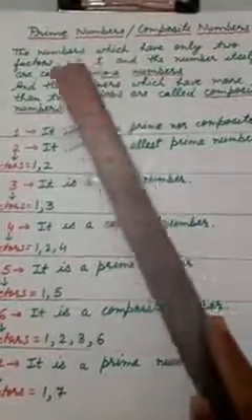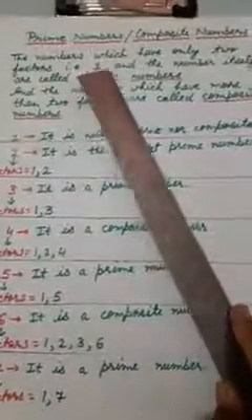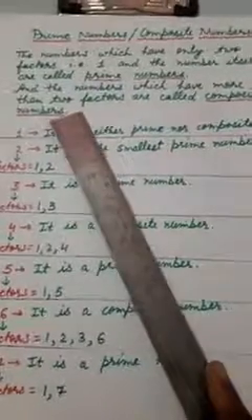So if the factors of a number are only 1 and the number itself, only 2 factors, then we can say that the number is a prime number. And the numbers which have more than 2 factors are called composite numbers.